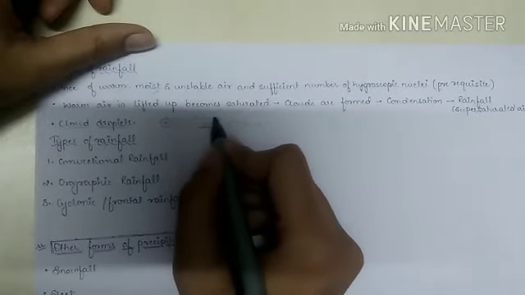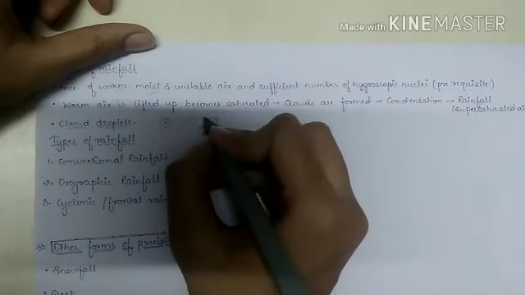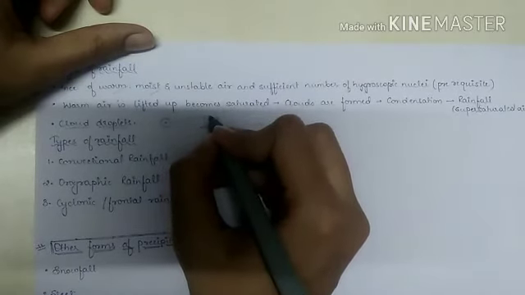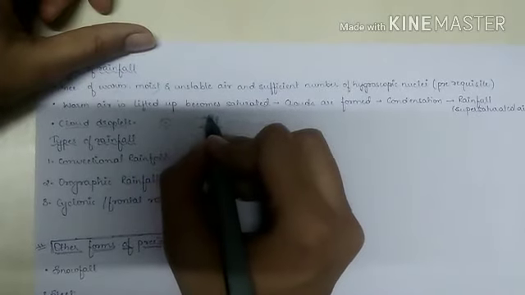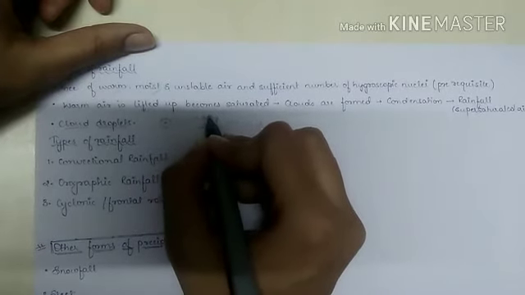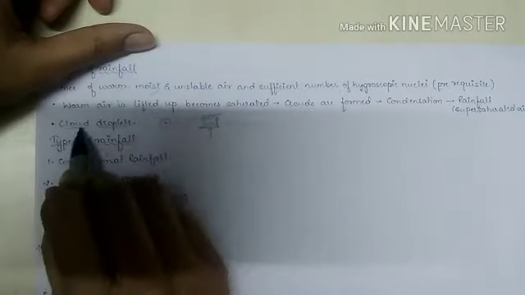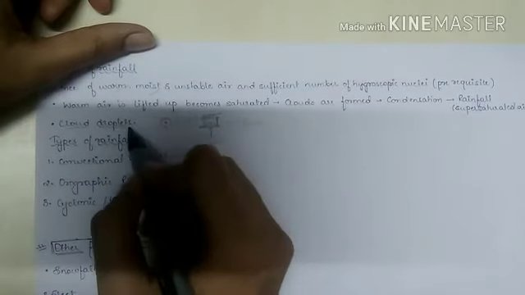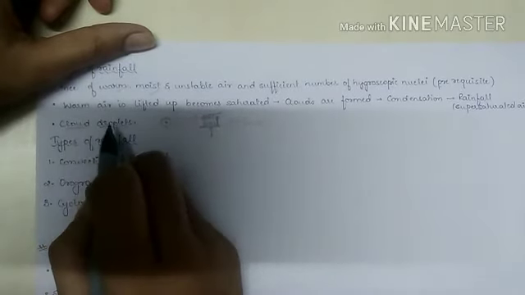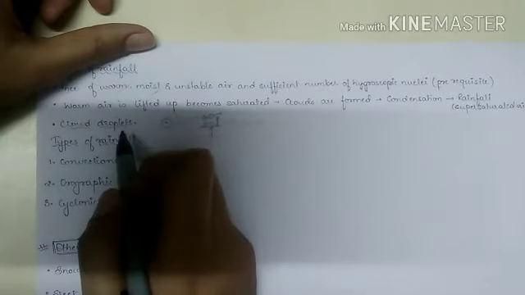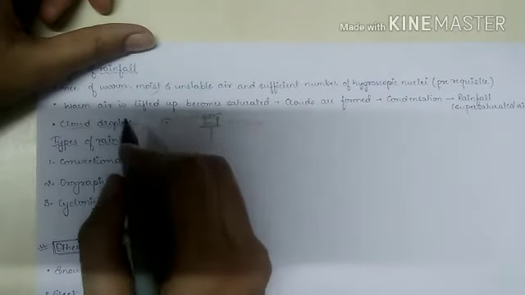Now when these droplets are formed, they accumulate around the hygroscopic nucleus, and these are known as cloud droplets. Now rainfall occurs when these cloud droplets change into raindrops.